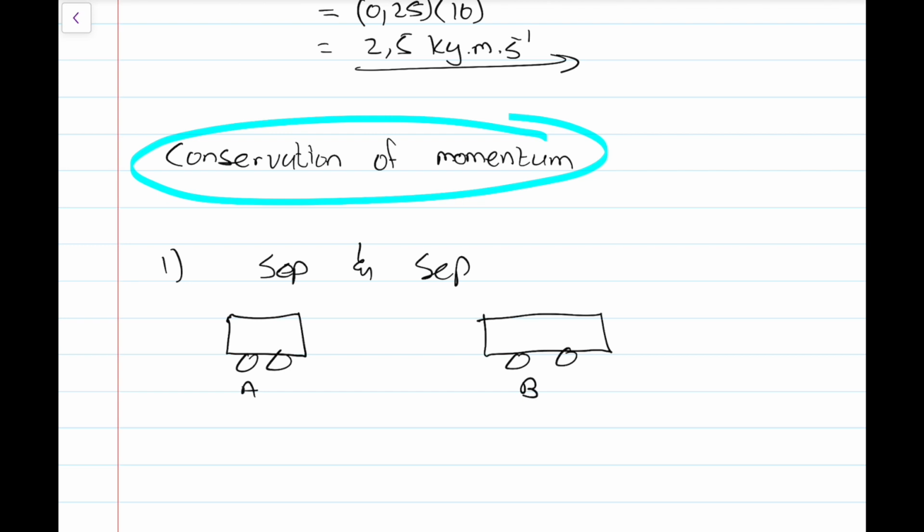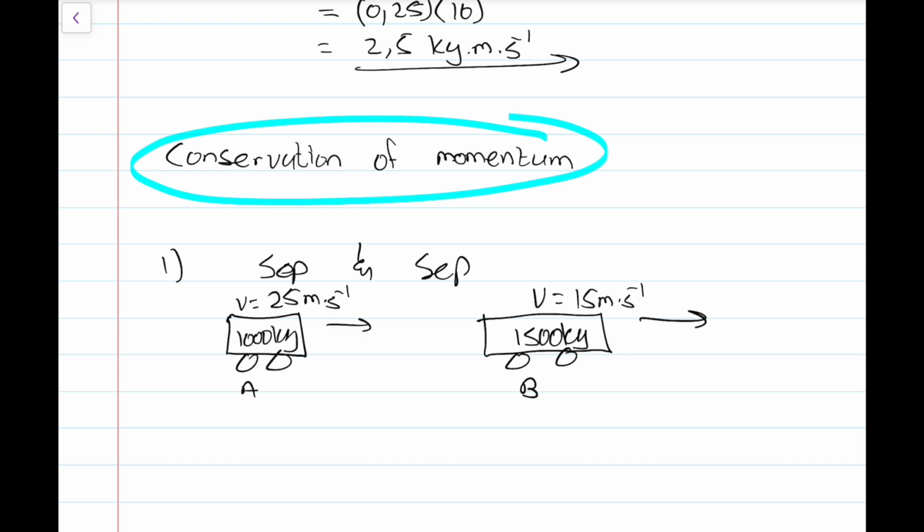We'll say this is 1,000 kilograms, and this is 1,500 kilograms. This one has a velocity of 15 meters per second going this way, and this one has a velocity of 25 meters per second going that way.